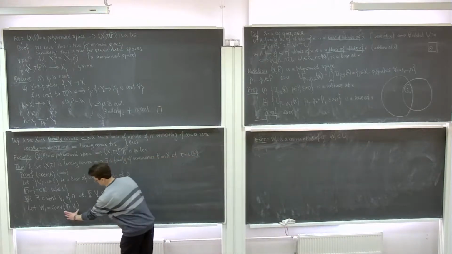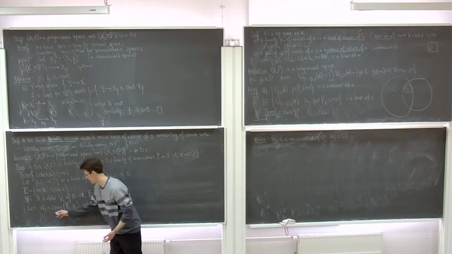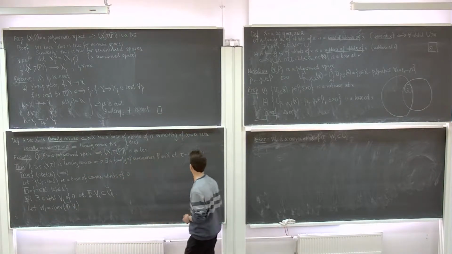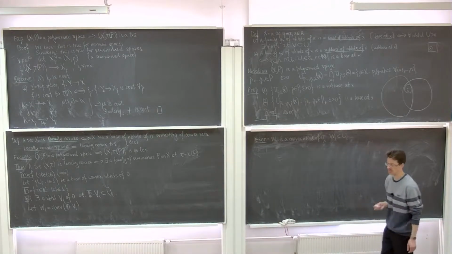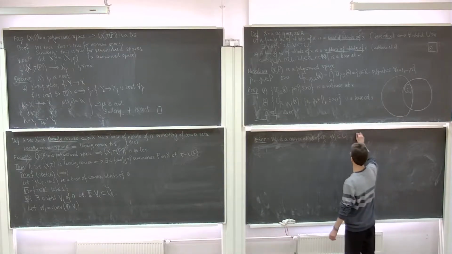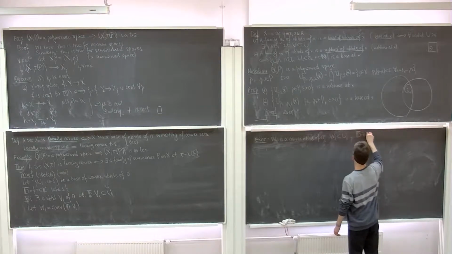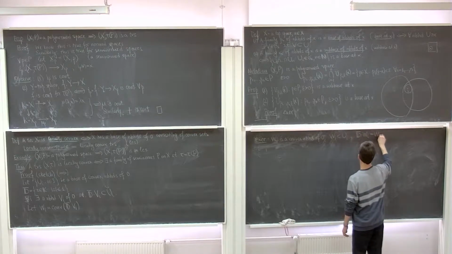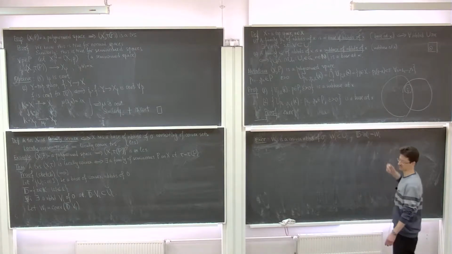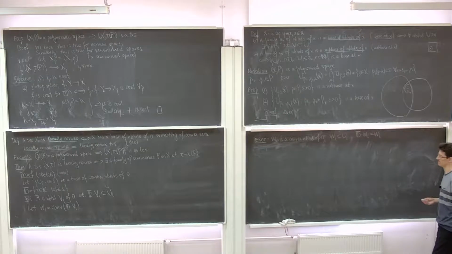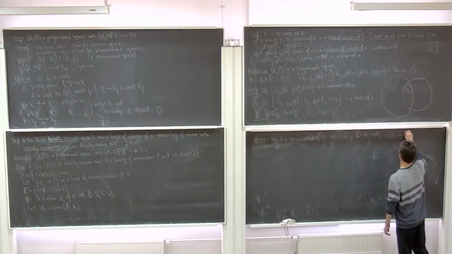Well, this set is contained in Ui, but Ui is convex, so the convex hull is also contained in Ui. And Wi has the extra property that it is stable under multiplication by our disk. So such sets which are convex and satisfy this condition are called absolutely convex. Wi is absolutely convex.